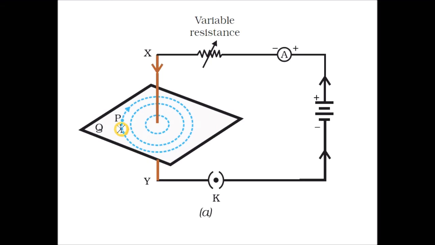After some while, we observe that the iron filings align themselves, showing a pattern of concentric circles around the copper wire. These concentric circles represent the magnetic field lines present around the conductor.